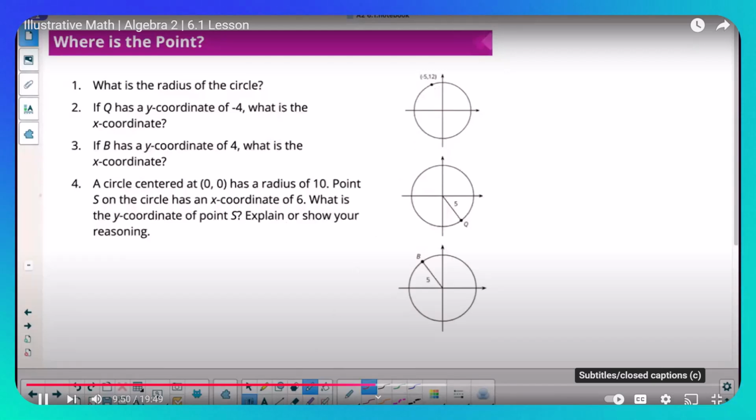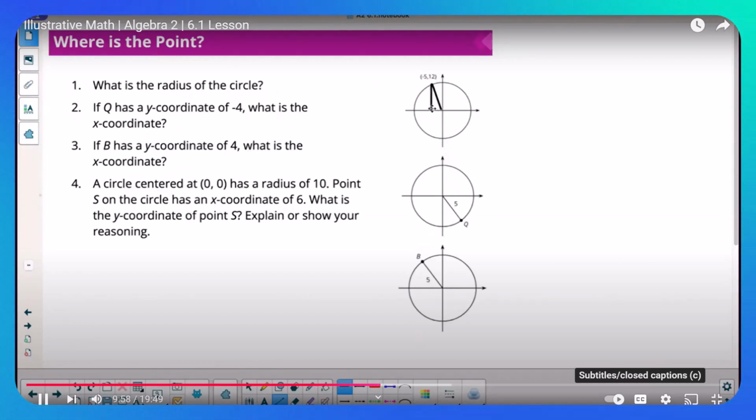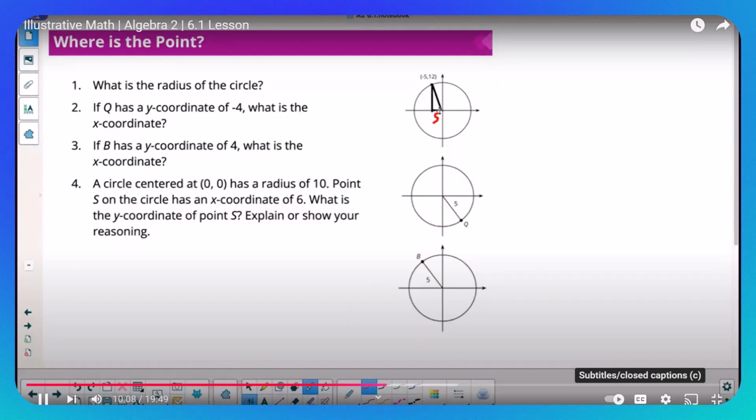All right, here's another one. What's the radius of the circle? So I know the x and the y coordinates, so here's what I'm going to do. I'm going to make a right triangle right there. So if the x-coordinate is -5, this side is 5. Well, really -5, but since it's a triangle, I guess we could call it 5. That's fine. Call this 12. Here's my right angle.